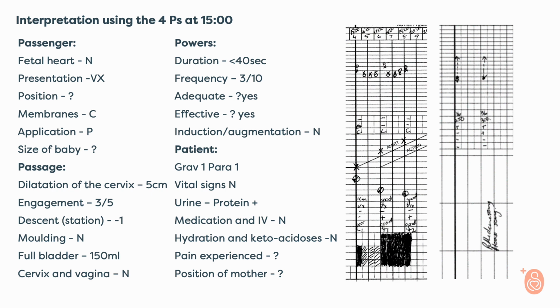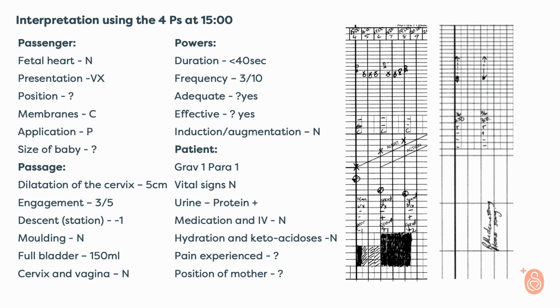So now at 1500 hours, we look to see what's going on with this patient. If we look again at the passenger, we see that the fetal heart rate is still normal. It's been recorded before and after a contraction. There's very little difference between the before and after a contraction, so it doesn't look like there are any decelerations.